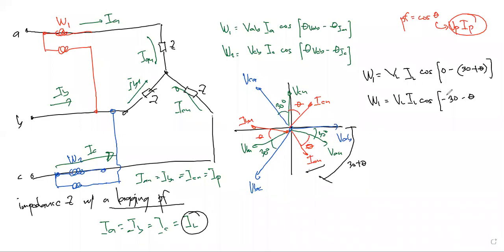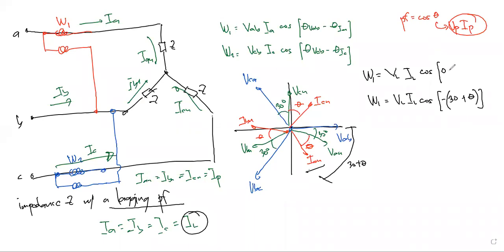You have there 30 plus theta. I'm sorry, that's negative, so negative 30 minus theta. This is negative, so that makes it positive. Let me rewrite to make it clear.